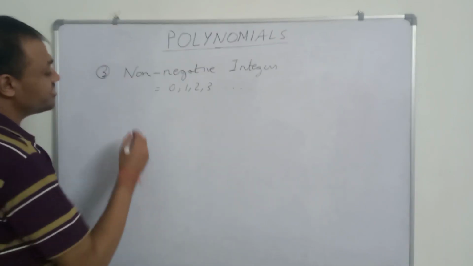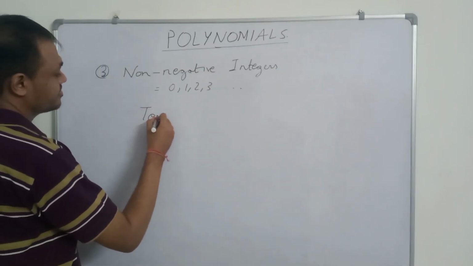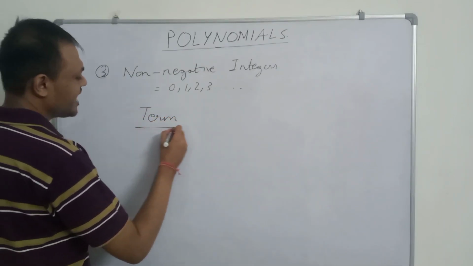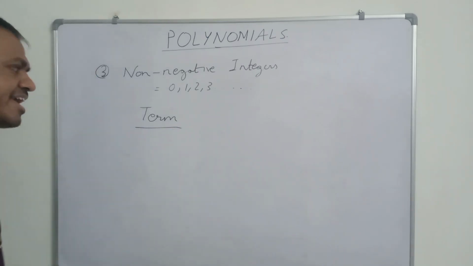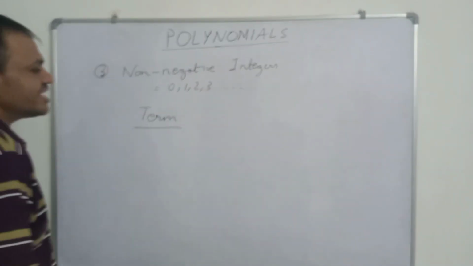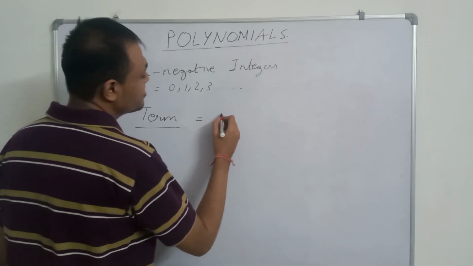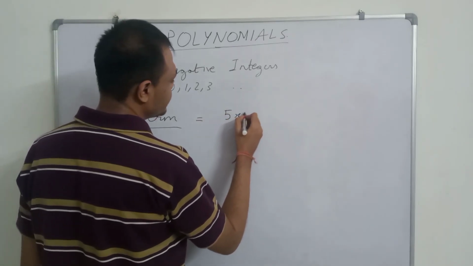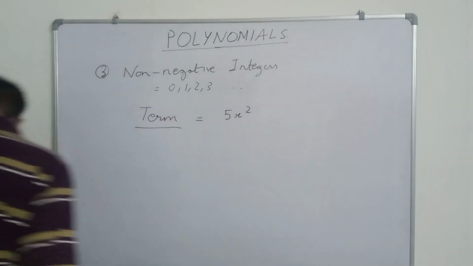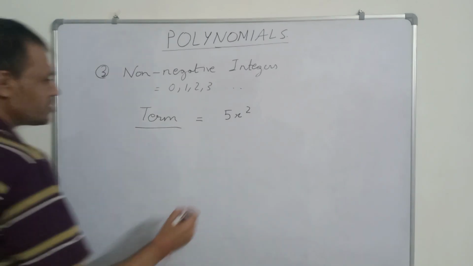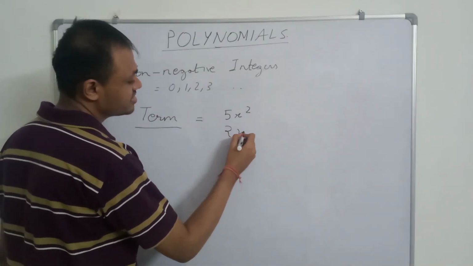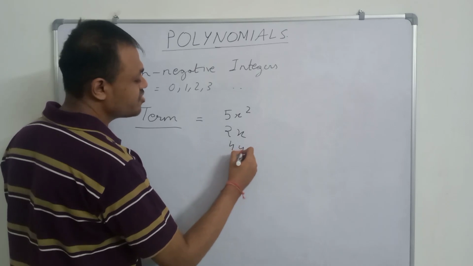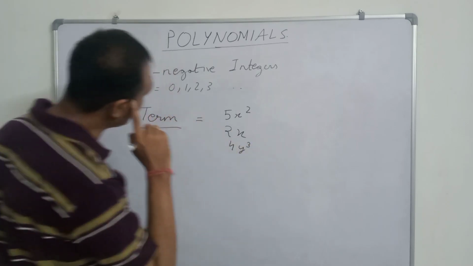Now we will understand a term. A term is made up of constant, variable and a non-negative integer. So let's say 5x square. This is a term. 2x, 4y cube. These all are terms.